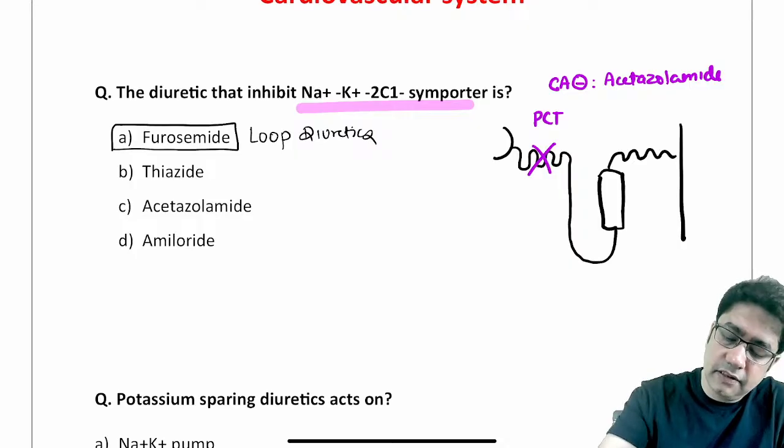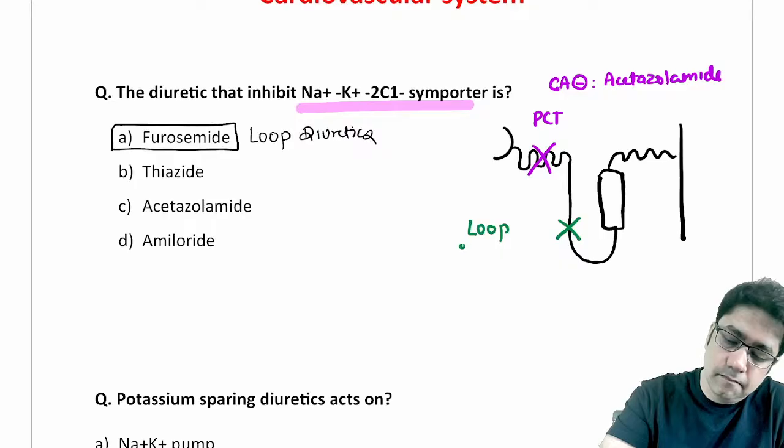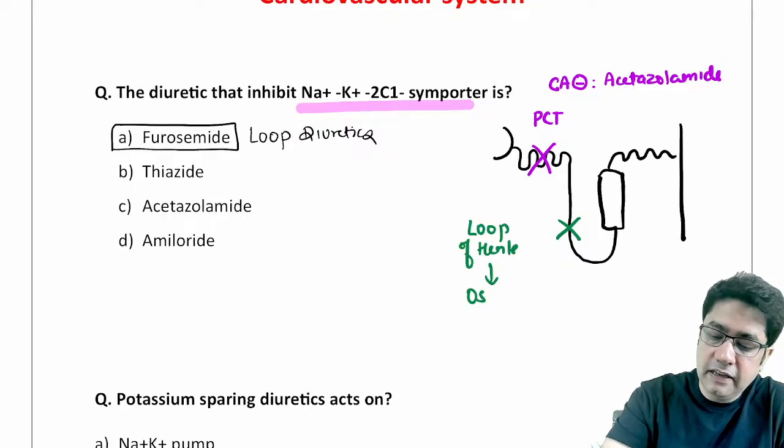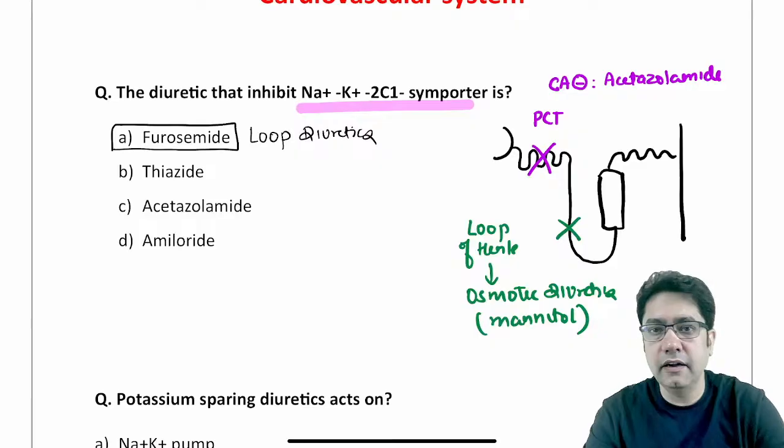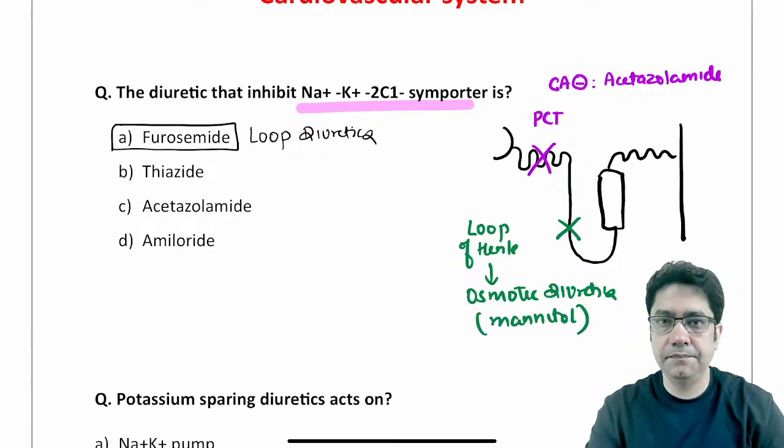Then we have the diuretic which acts on the loop of Henle. The diuretic that acts on the loop of Henle is osmotic diuretics. And remember, a very famous osmotic diuretic that we all know, given in cerebral edema or increased intracranial pressure, is mannitol.